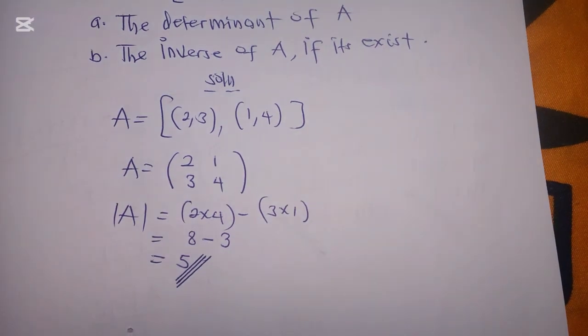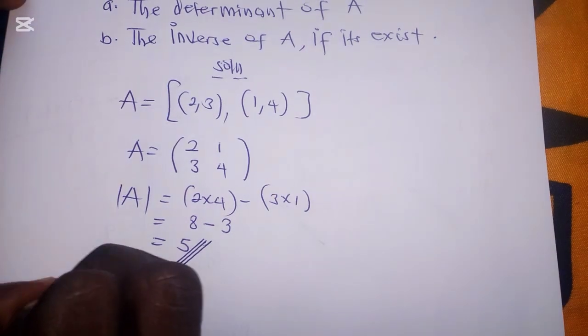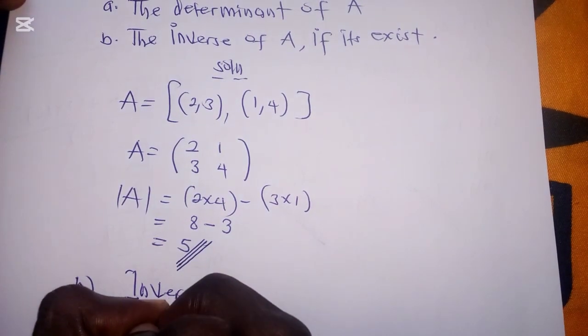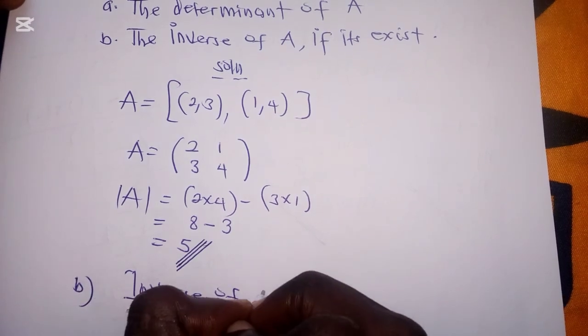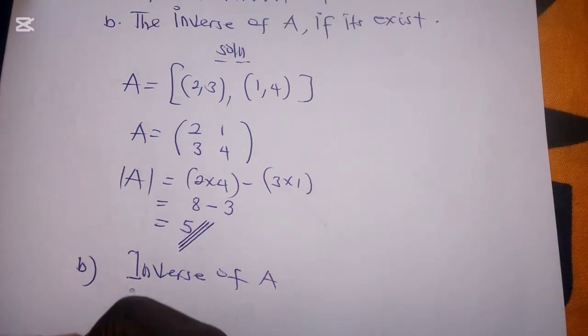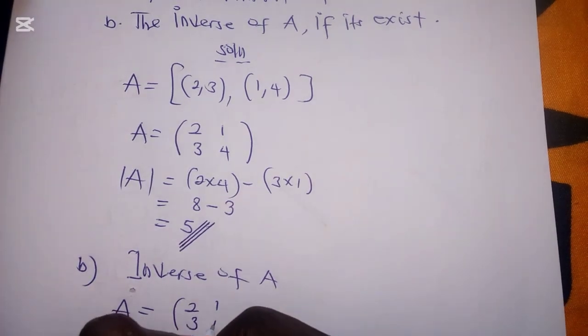Now B, we have to find the inverse of A if it exists. To find the inverse of A, what are we to do here? Remember, we have the matrix of A as 2, 3, 1, 4.